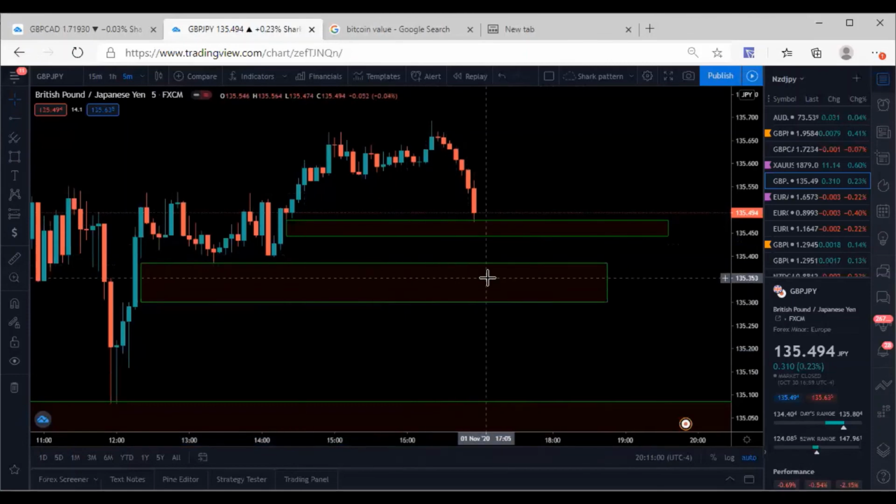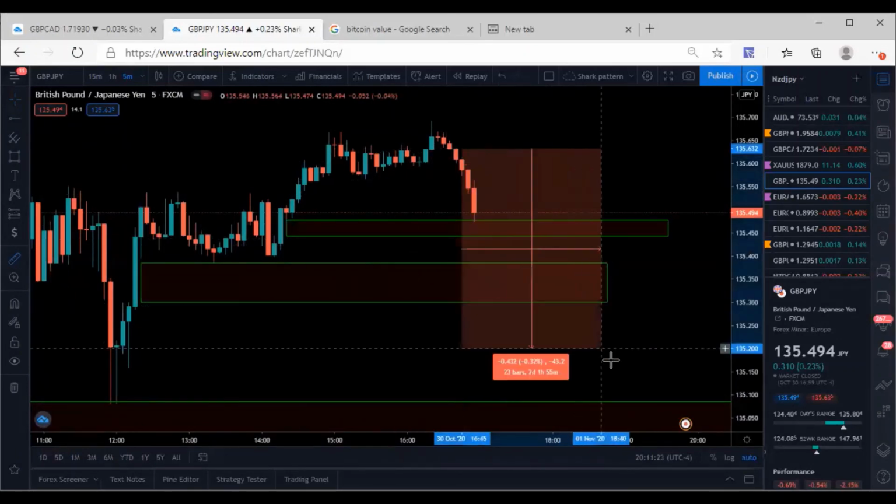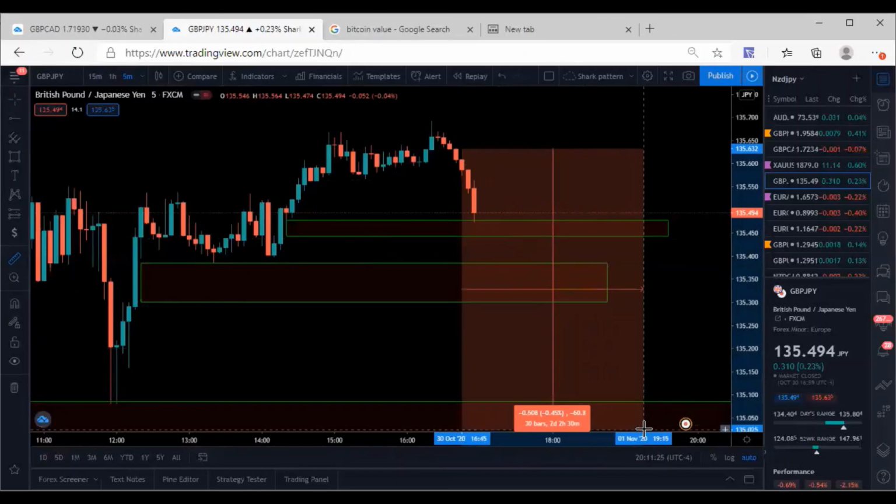Now, this is the 5-minute chart. So if the market wanted to do 3 stages down, you would do your 15 pips here, take profit. Then your second take profit would be there, and then your third one would be going into this box right here. You can also grab your ruler and see about how many pips you're looking at.